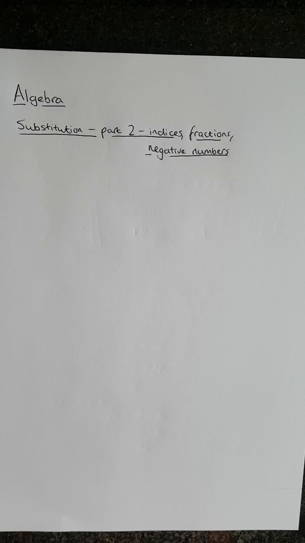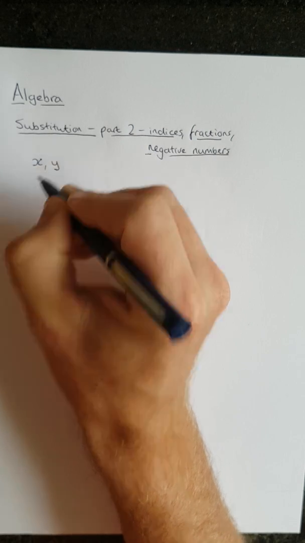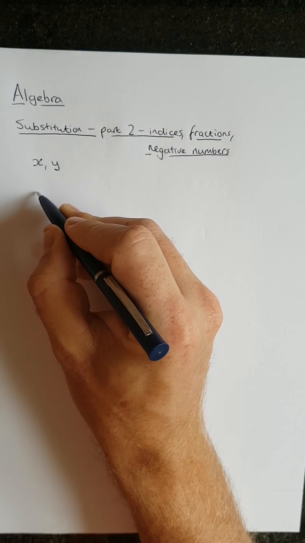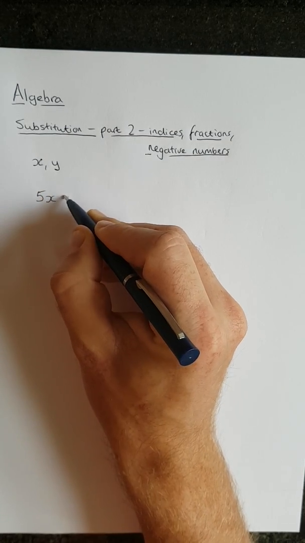I'm going to use two variables in this example. I'm going to use x and y. A reminder that these are called variables because they can change in value. So we're going to use the following expression.